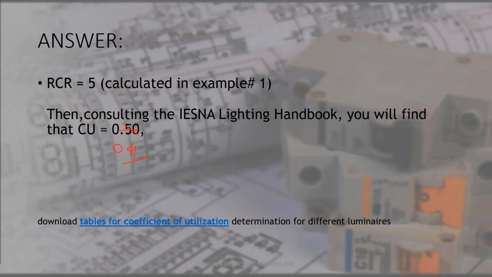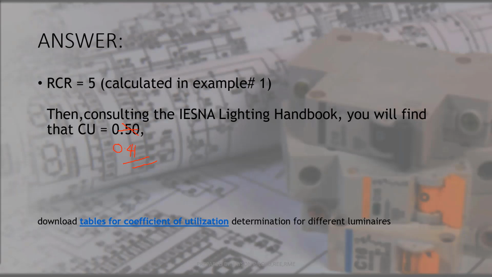Okay, 41. So you can download the tables for lighting, for coefficient of utilization for different luminaires. So each luminaire has its own CU table specific to that luminaire's light distribution. So that is why naghimo tayo brochures katong plate number 3 man ata to, plate number 2.